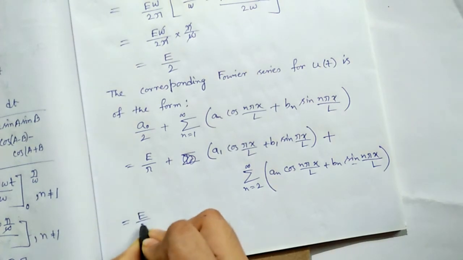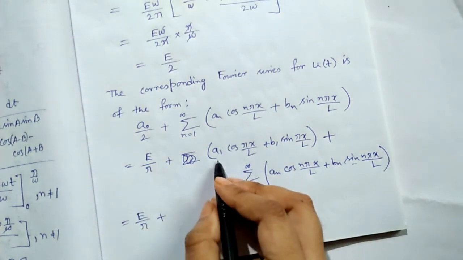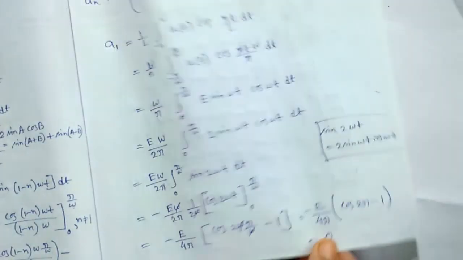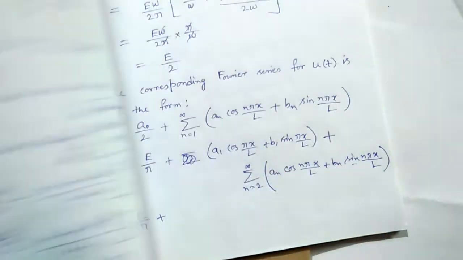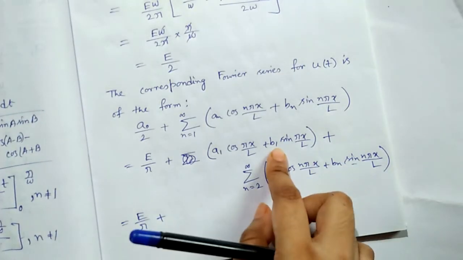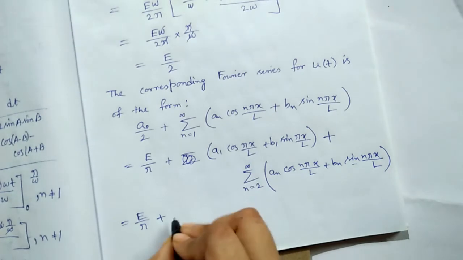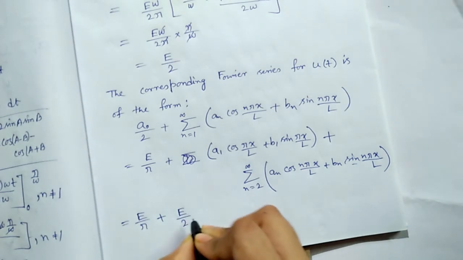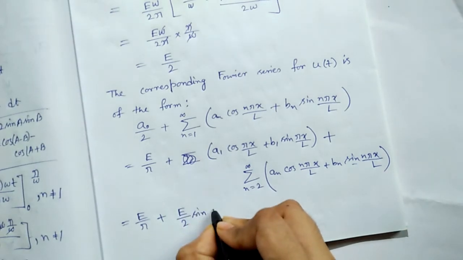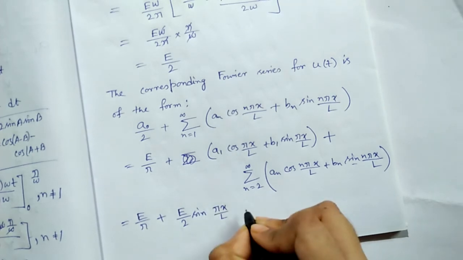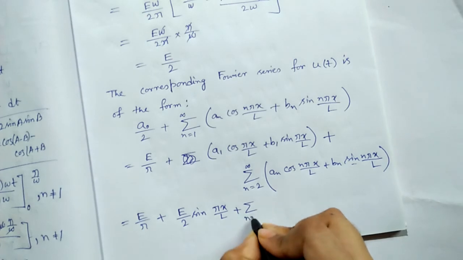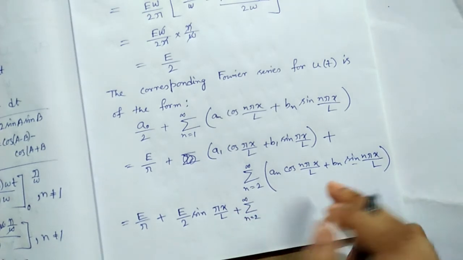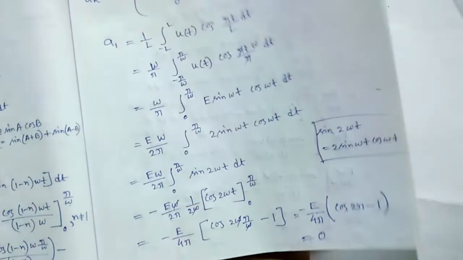Then e by pi plus, now put the value of a1, and the value of a1 is 0, and b1, the value of b1 is e by 2, so e by 2 sine pi x by L, plus summation n equal to 2 to infinity, and this is the value of an.